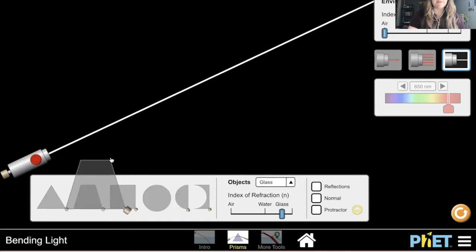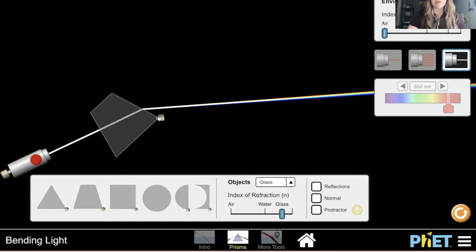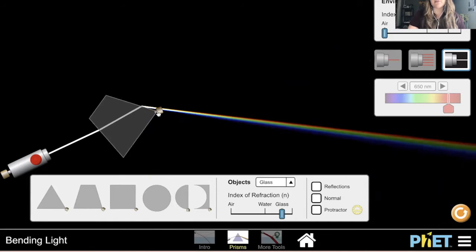So this is actually a really fun thing to play with. You can see how light gets bent at different angles. This is a really good example of how white light, we call this white light because it appears white, is actually just the entire rainbow put together. And so all of the light that is in this, it appears white, but it's actually the whole rainbow.